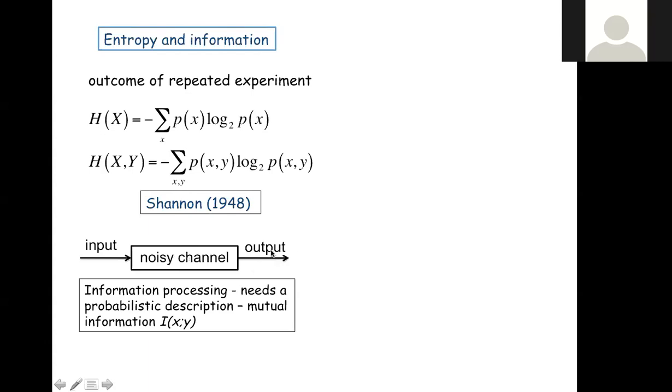What is that output? The expression level of GFP. The cell is processing the external signal and giving us some output. Since this process goes through a noisy channel, we need a probabilistic description.